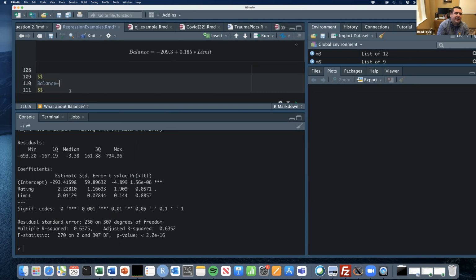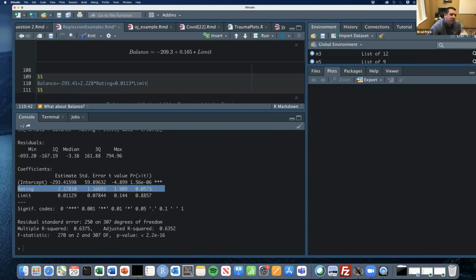Balance is equal to negative 293.41 plus 2.228 times your rating plus 0.0113 times your limit.